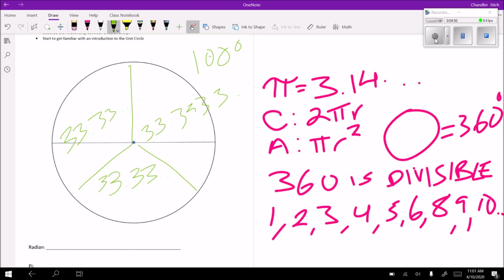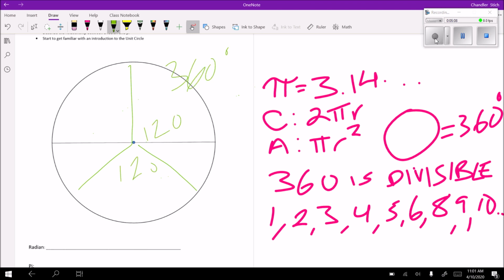We divide the circle by 3 so often that dividing it in thirds, we want a whole number there. Whereas now if we do this as 360, we now have 120, 120, 120, right? So it's actually easier for us to divide by 3 and 4 and 2 and 5 and 6 and 8 and 9 and 10 pieces of that circle. So 360 is very helpful in that sense.